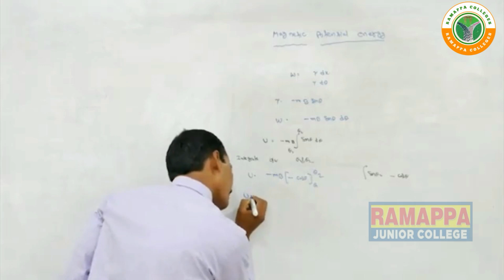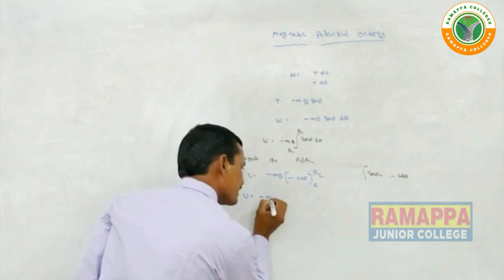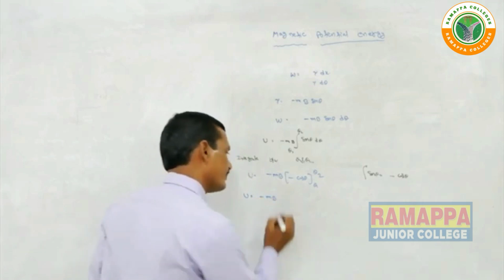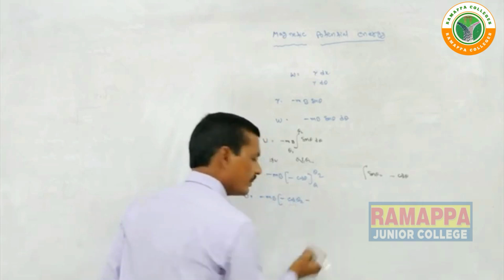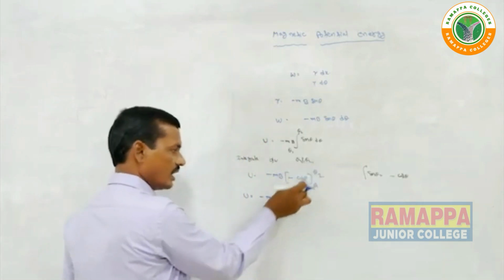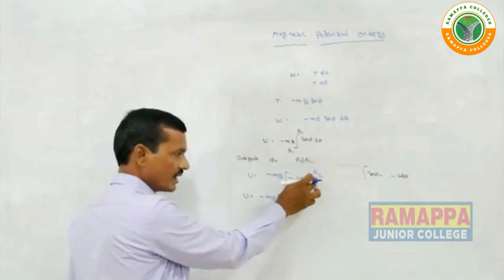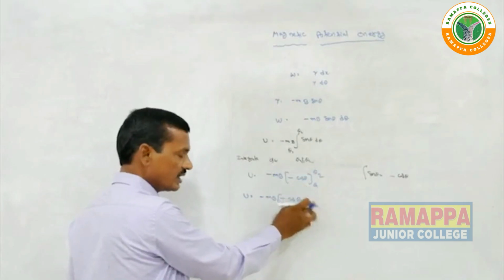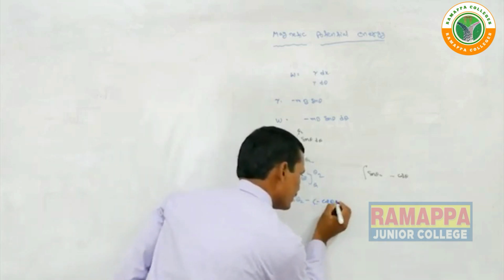Therefore, magnetic potential energy U equals minus mB into minus cos theta 2 minus, upper limit subtract lower limit, minus cos theta 1.